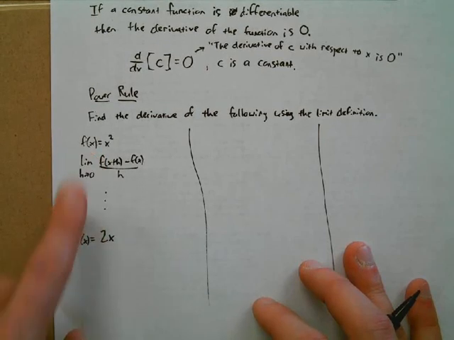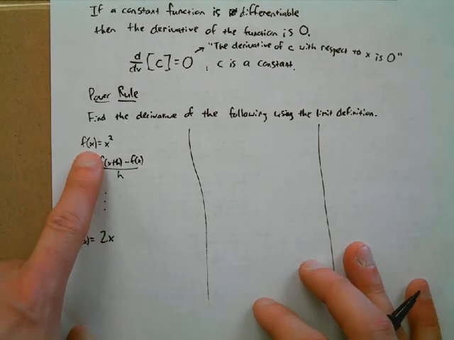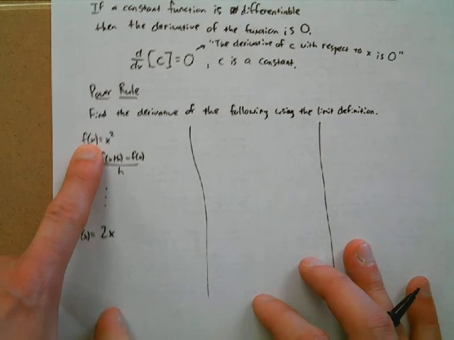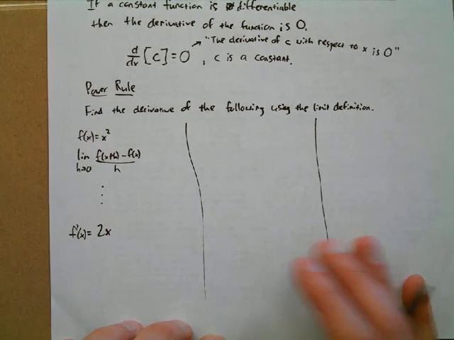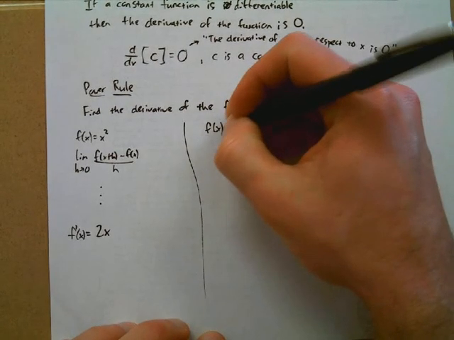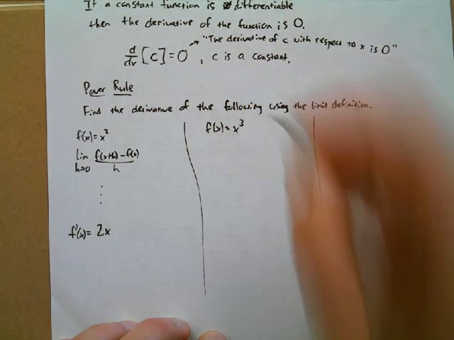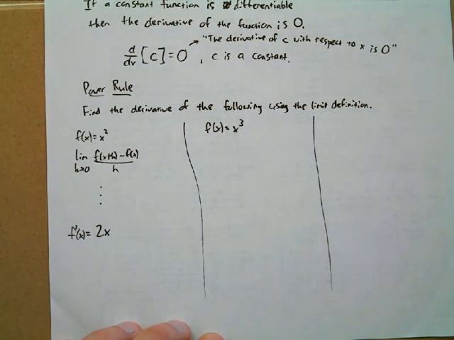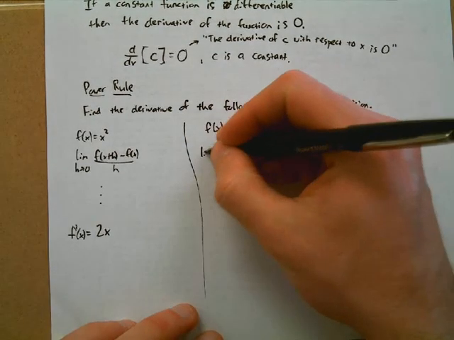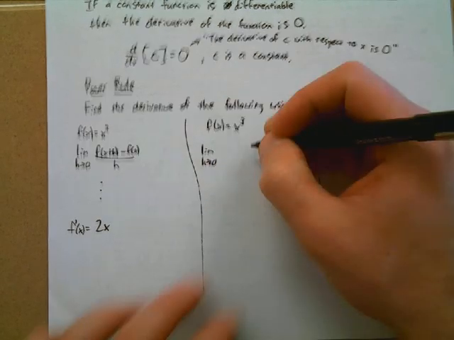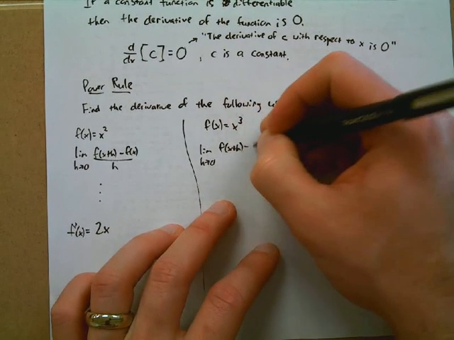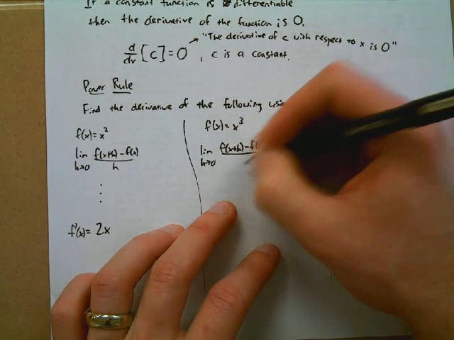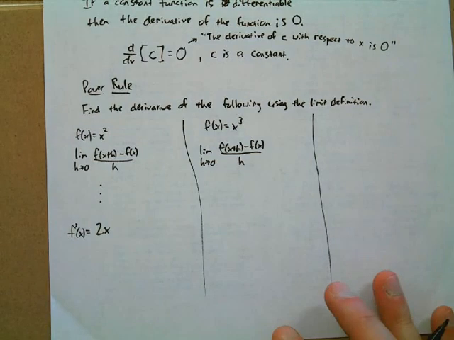Let's do x cubed. You don't need to worry about doing it right now. So we'll take the limit as h approaches 0 of f of x plus h minus f of x all over h. So f of x plus h means we're going to be doing x plus h cubed minus x cubed all over h.